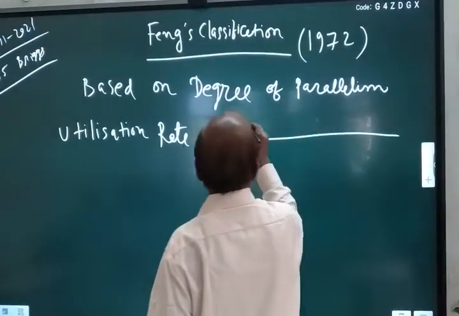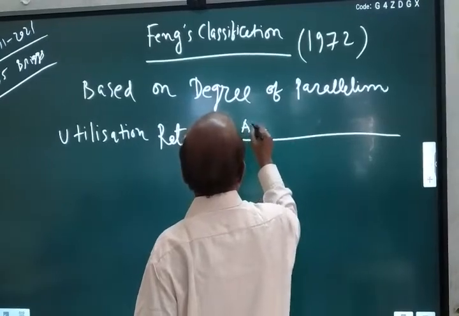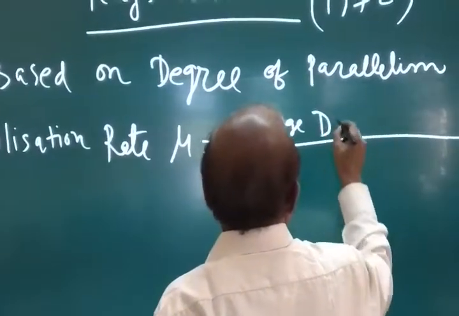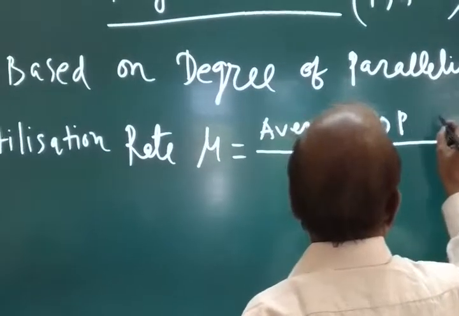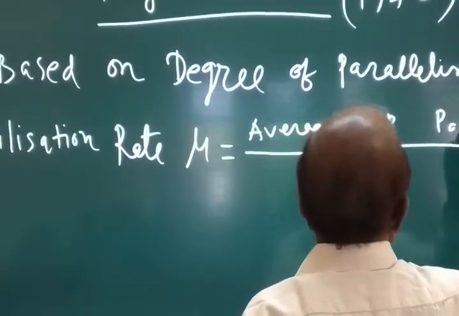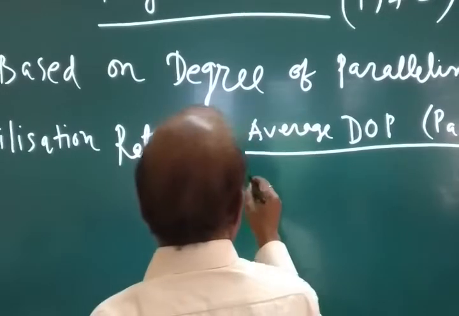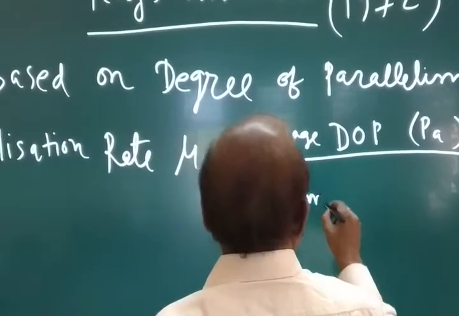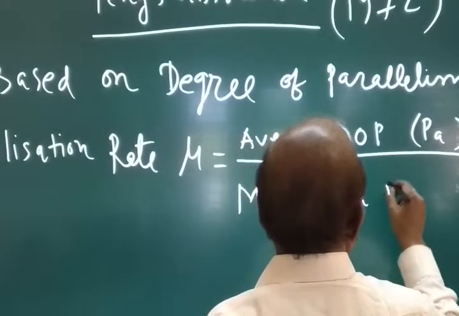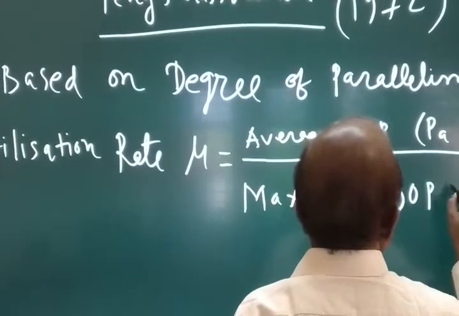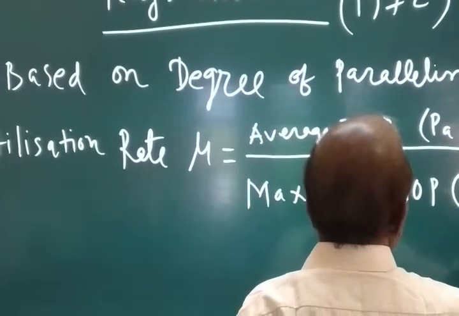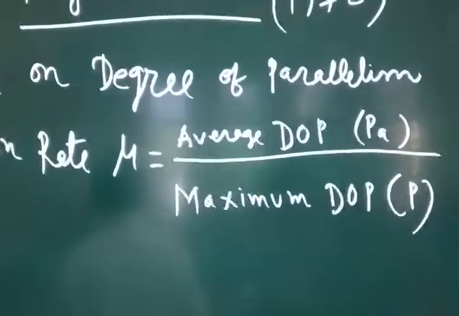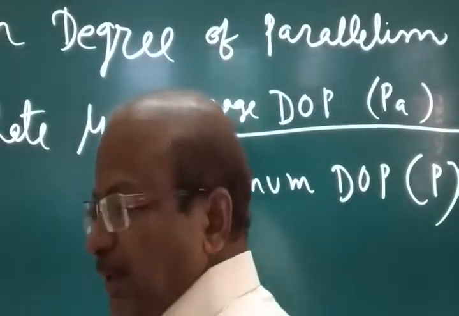This is given by average degree of parallelism, I am writing DOP here, denoted as PA, divided by maximum degree of parallelism, DOP, denoted as only P. Okay. So let us see what is PA and what is P.